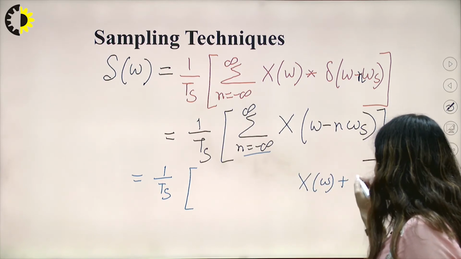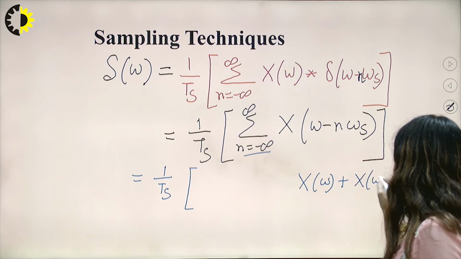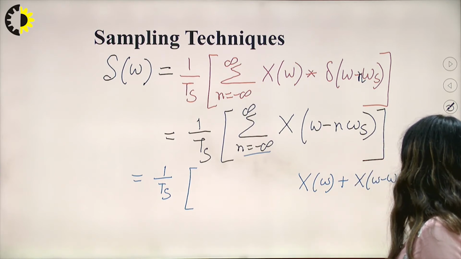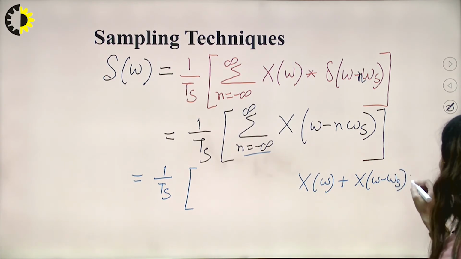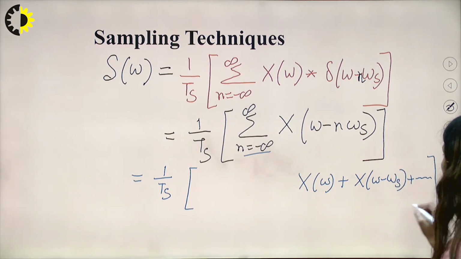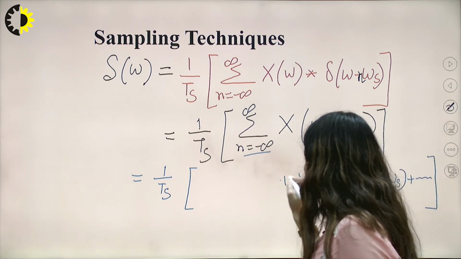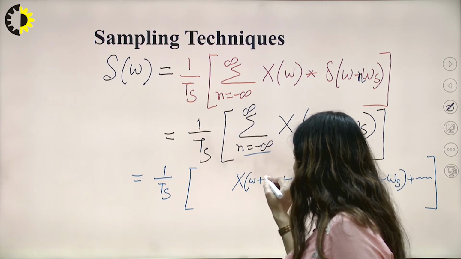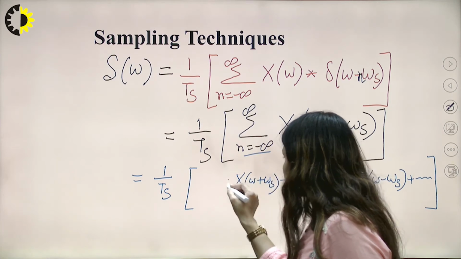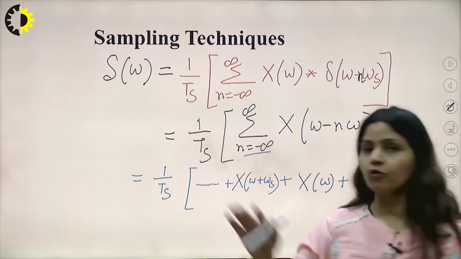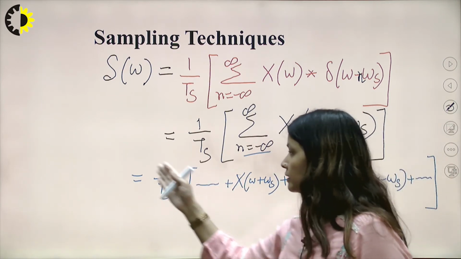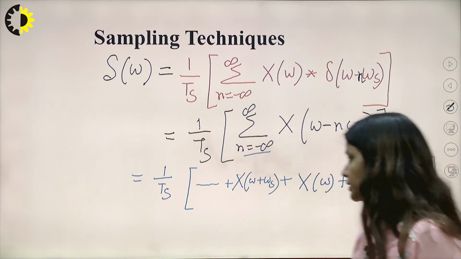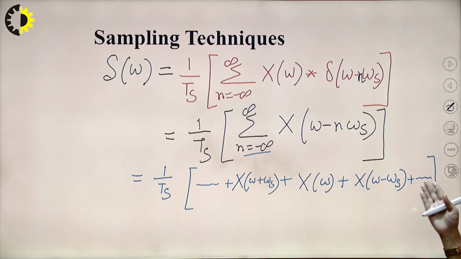For n equal to 1, it will be x of omega minus omega s, plus and so on up to infinity. And for n equal to minus 1, it will be x of omega plus omega s. Here the terms will be x of omega plus 2 omega s, x of omega plus 3 omega s and so on, and here x of omega minus 2 omega s and omega minus 3 omega s, like that.